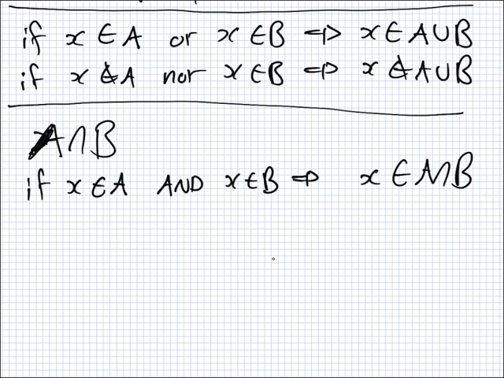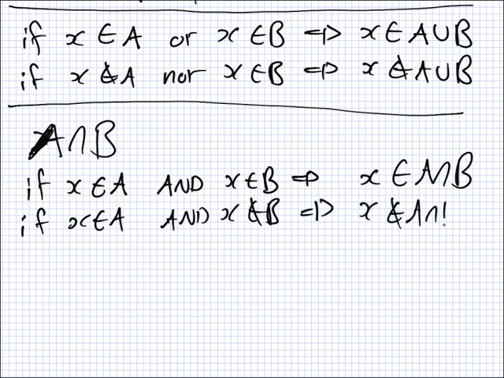So in other words, the intersection is only the elements that are in both A and B originally. In other words, it is the shared elements. Okay? If x is in A and x is not in B, then is it in the intersection?